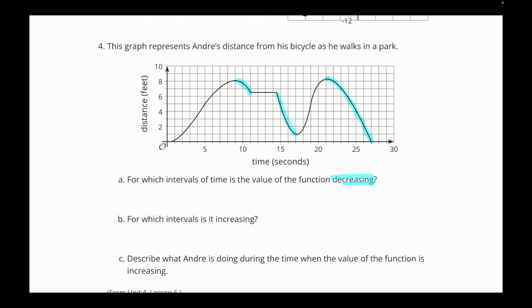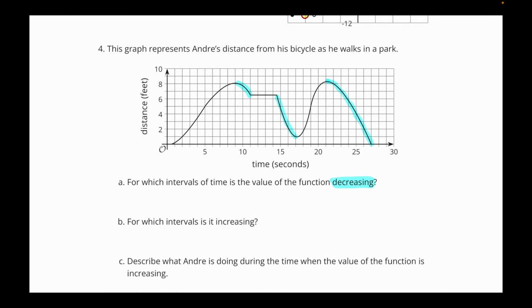So decreasing. Now I can kind of help myself by describing these pieces. Okay, so we want to describe basically our input values here. So for me, this was 9 and 11 seconds, and then I also had 14.5 and 17, yeah, 15, 16, 17. And then this one was 21 seconds to 27 seconds.